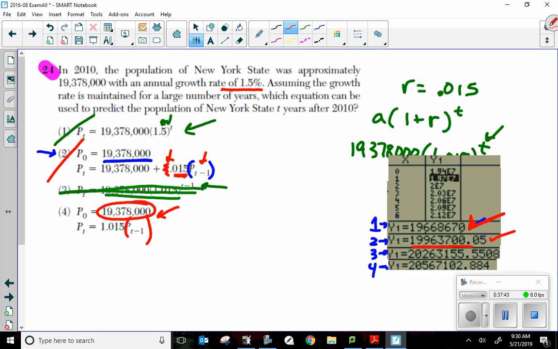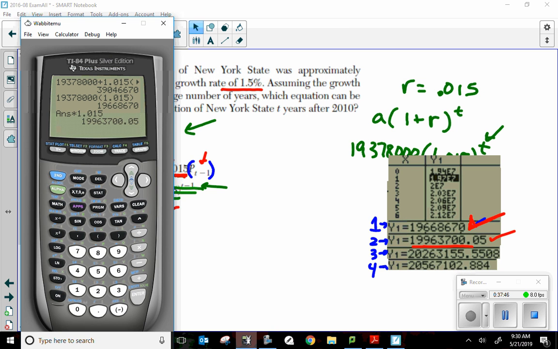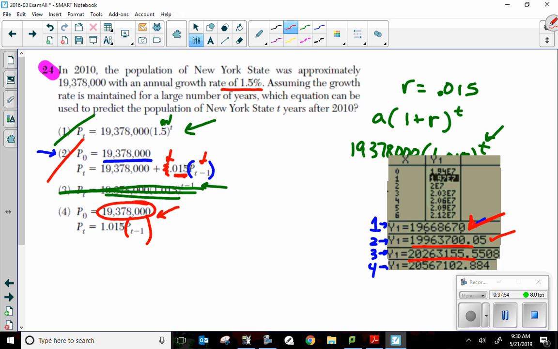Good, it works. And I can keep on going. Let's do it again, times 1.015. Bam. 20,263,155. Good. I think we got it. A lot of algebraic stuff. Craziness. Anyways, you guys are good. Love ya. Let's get out of here.